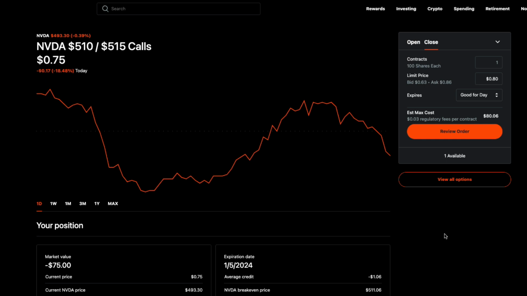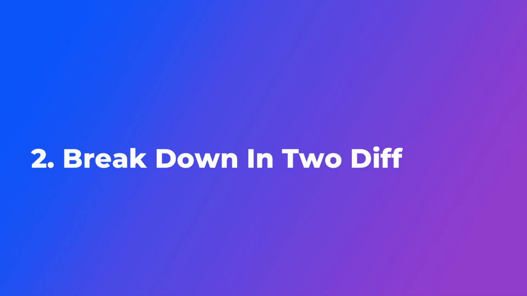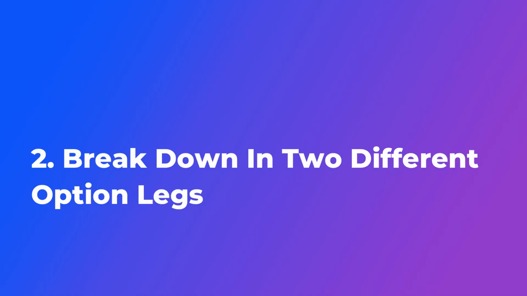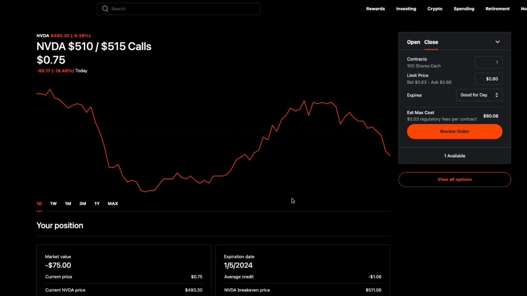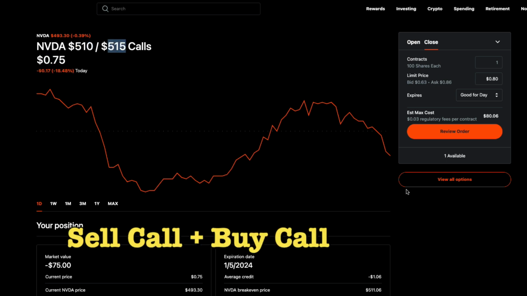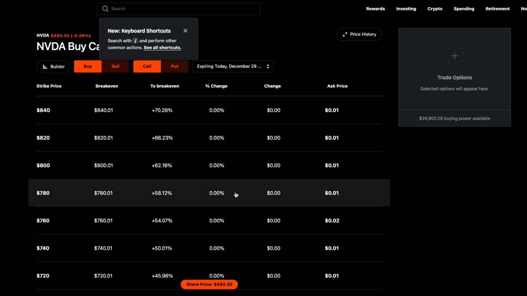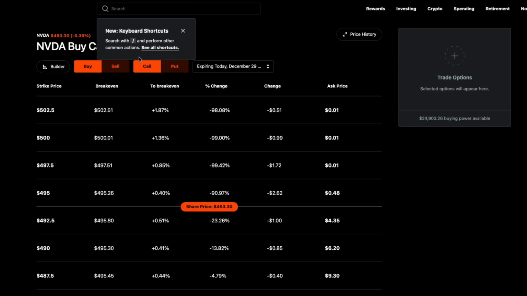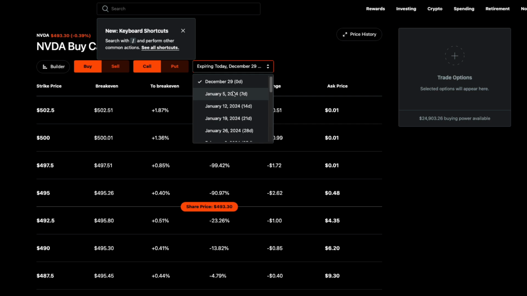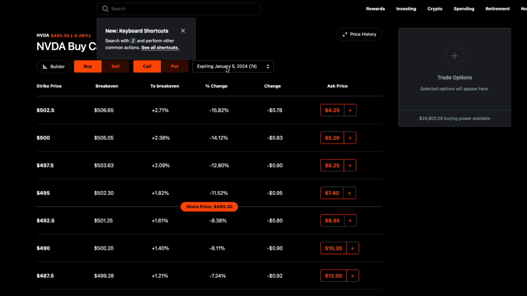The other way, let's discuss that. The other way is to break it down into two different steps. As you know, the call credit spread is made up of two legs. One is selling a call, which is this 510, and then you buy back that call at 515. So it's made up of two legs. You can do it individually, and for that you go to view all options, and then you go to the Jan 5th expiry.